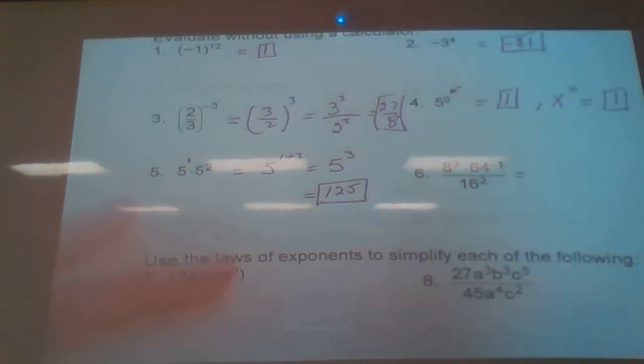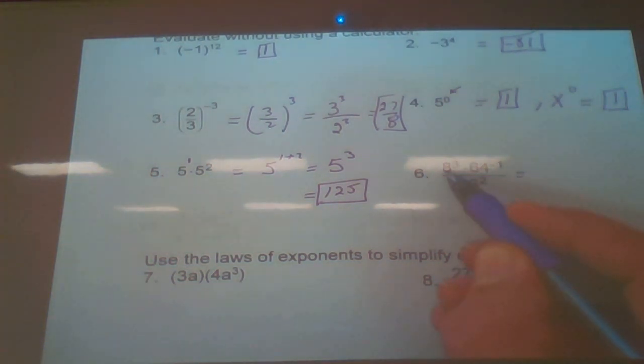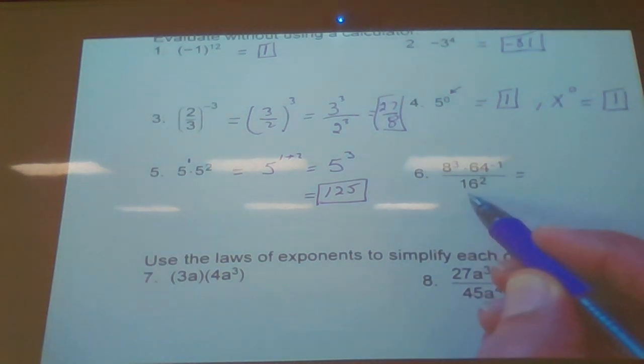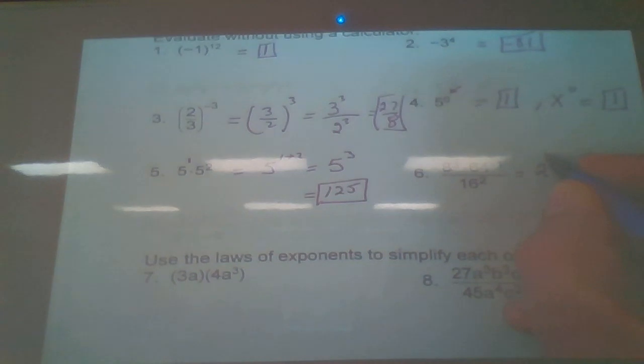For this one, this is what we have to learn. We have to fix the base to be the same so we can simplify it without using a calculator. So 8, base 64, base 16. I can change all of these bases into a base 2. The 8 can be written as 2 to the 3.